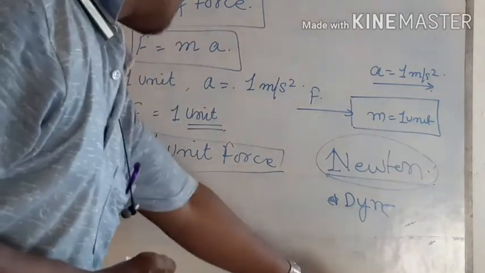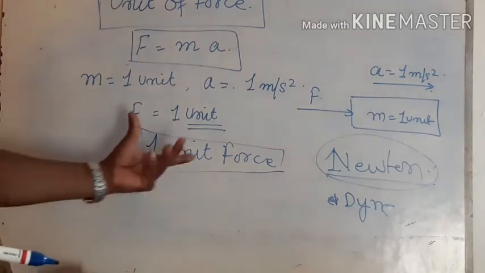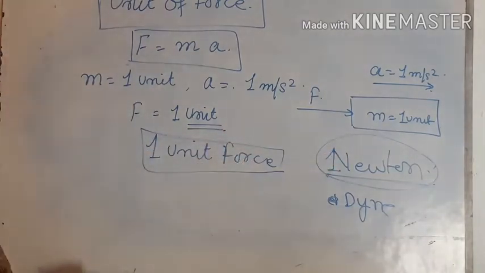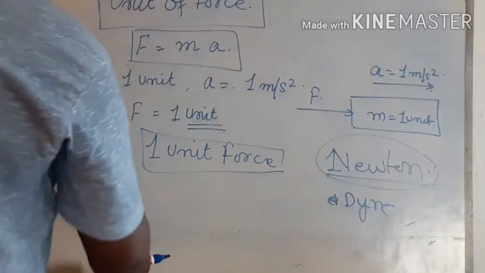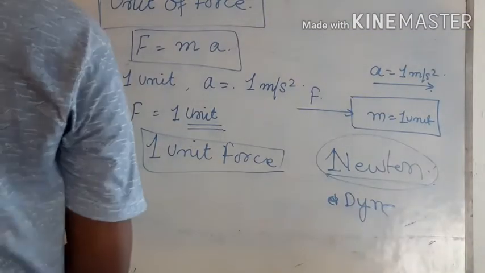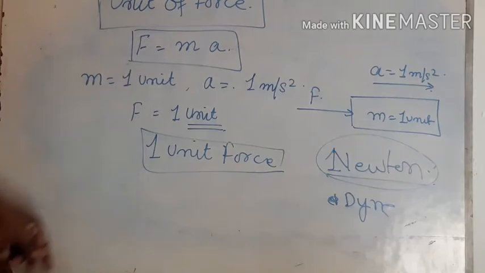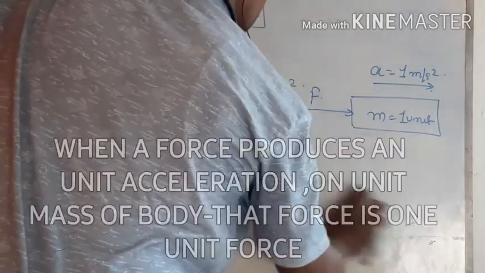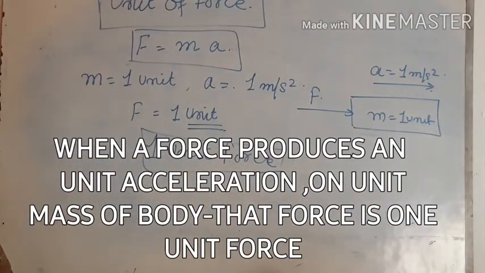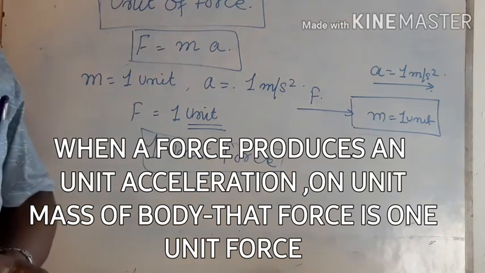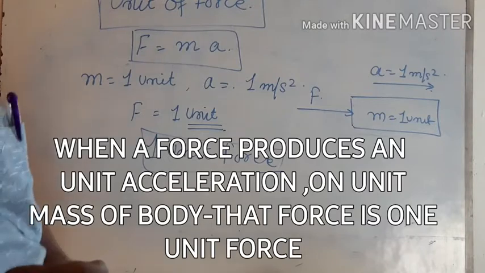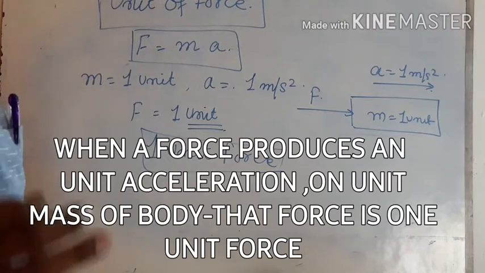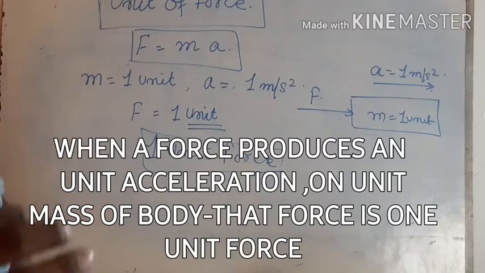So whatever the unit, how will you define one unit force, whether it is one Newton or one dyne? Let us define one unit force from Newton's second law. One unit force is defined as that force which, acting on a body of unit mass, produces an acceleration of unity.